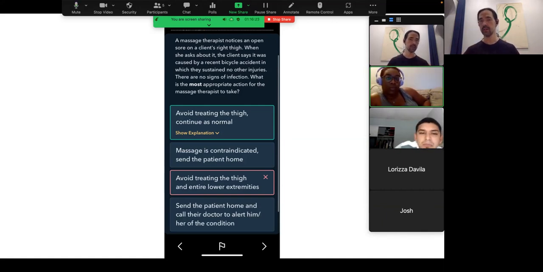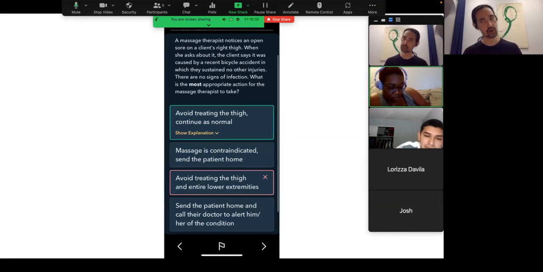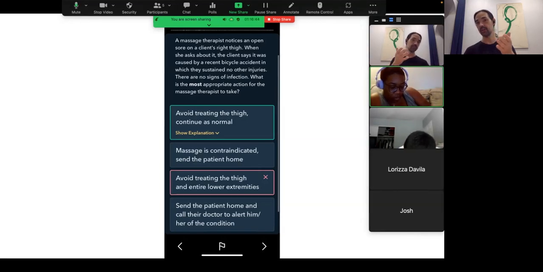So a sign of infection, what you can remember is SHARP. SHARP is a good acronym for inflammation. And if you see inflammation with an open wound, for sure there's infection there.